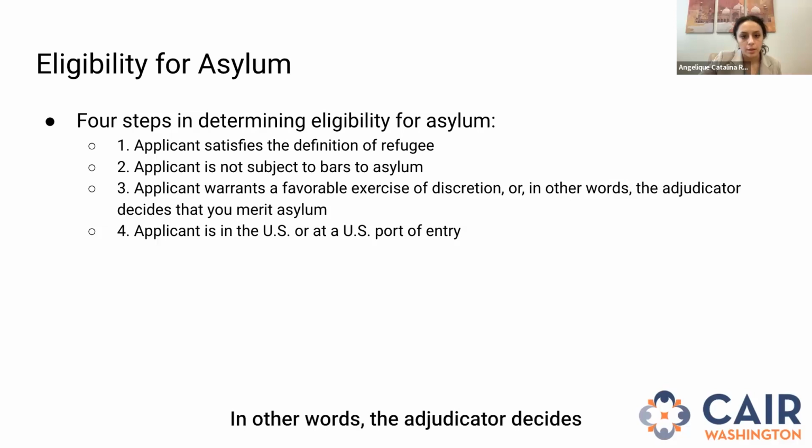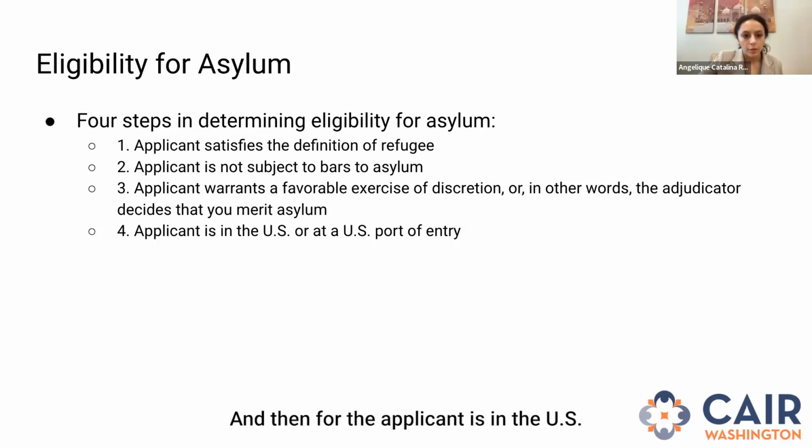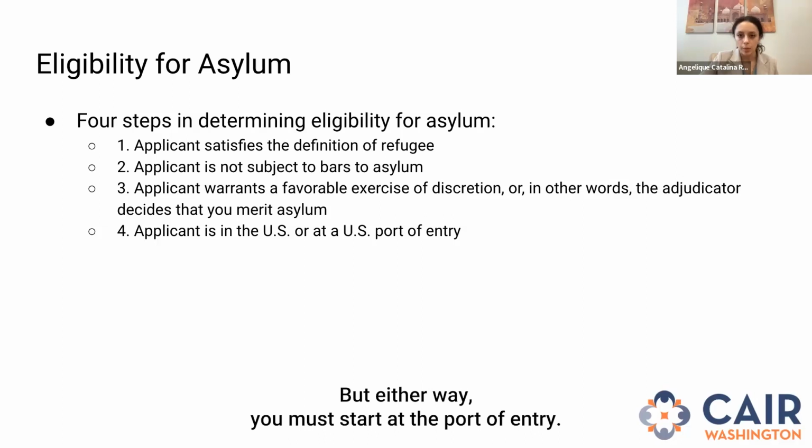In other words, the adjudicator decides that you merit asylum based on factors in your life that can be considered either positive or negative. And then 4, the applicant is in the US or at the port of entry. If you are at the US port of entry, there are many different paths that your case could take, but either way, you must start at the port of entry.